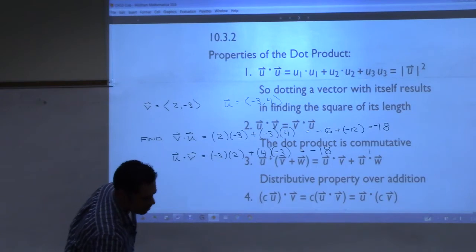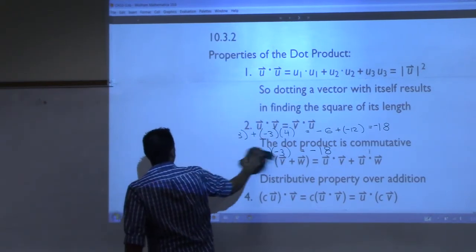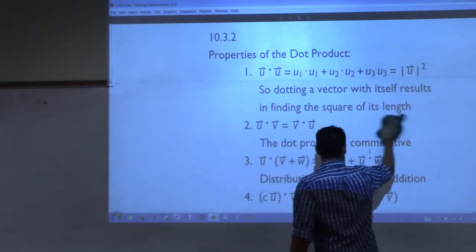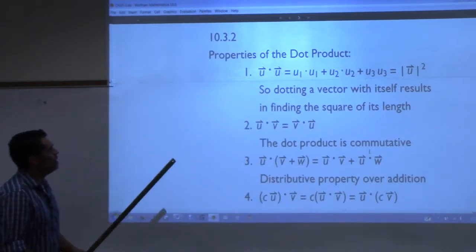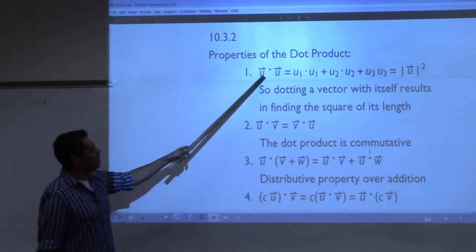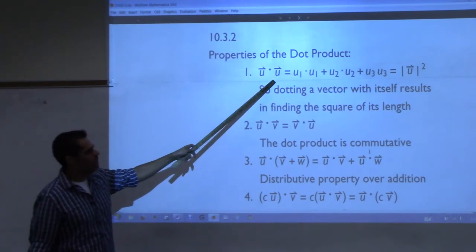So here's some properties of the dot product. All right, so look at these. First of all, if you dot a vector with itself, what would happen?